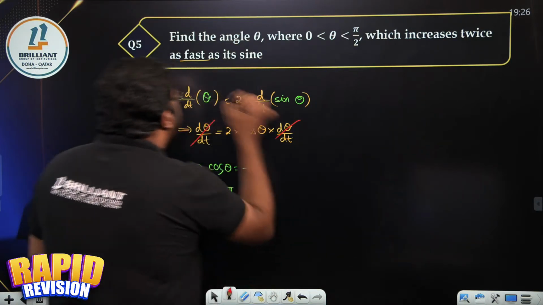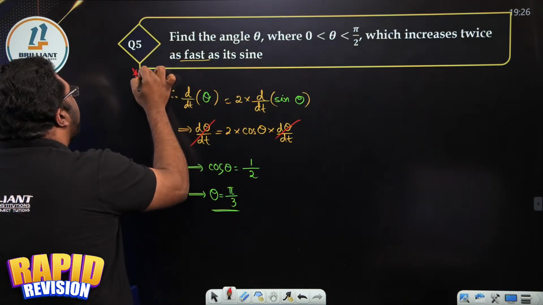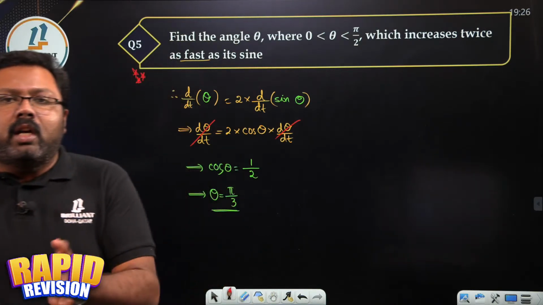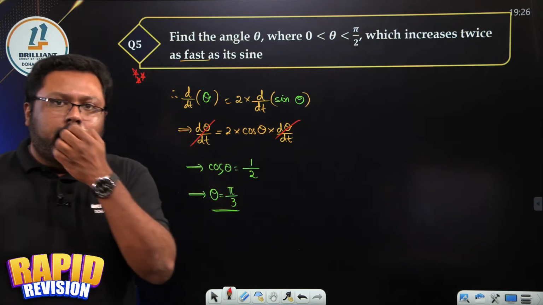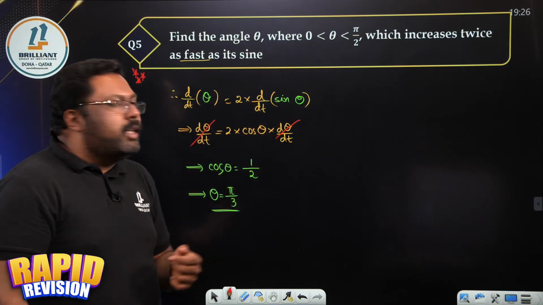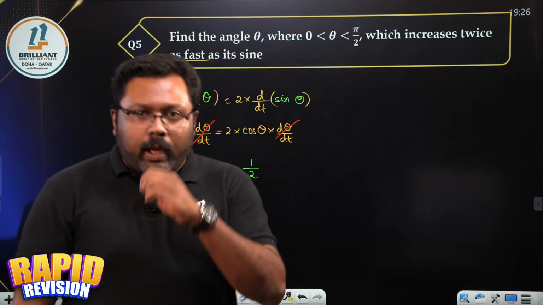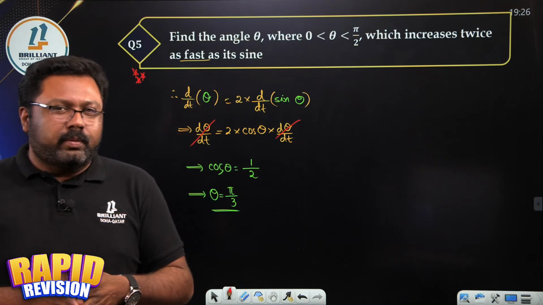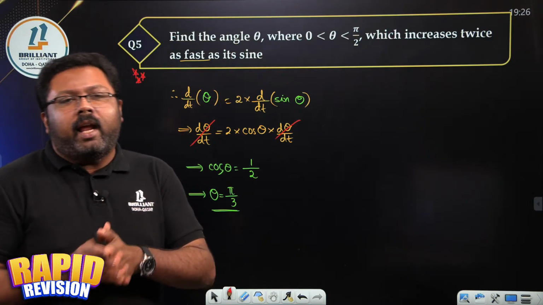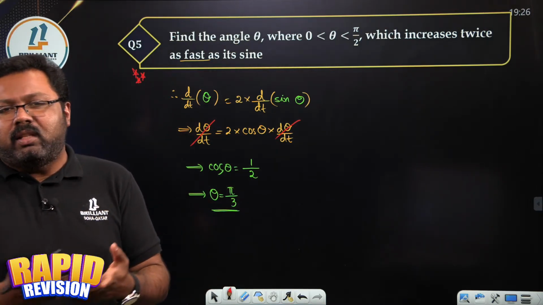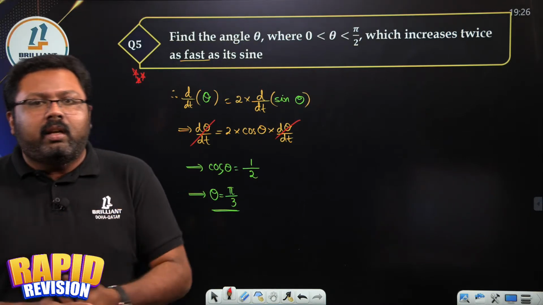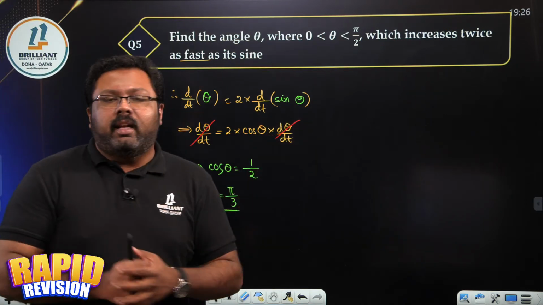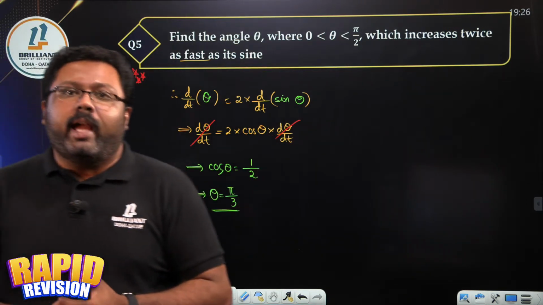Now I want my students to study this question very well, and this kind of question could be very crucial for you in the exam. Some of you might not even know how to write that relationship, and some of you will forget about d theta by dt. It has happened for many of you because this kind of situation arises in derivatives of parametric forms, where your y and x are in terms of a third variable called theta or t, and when you go for the second derivative of that expression, you forget to take this derivative which is with respect to x.